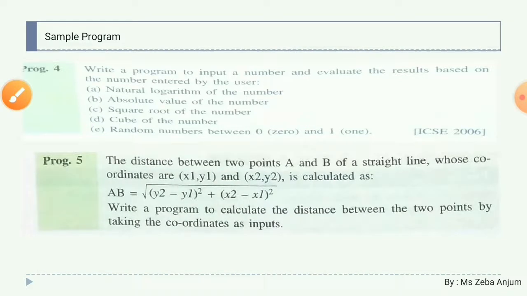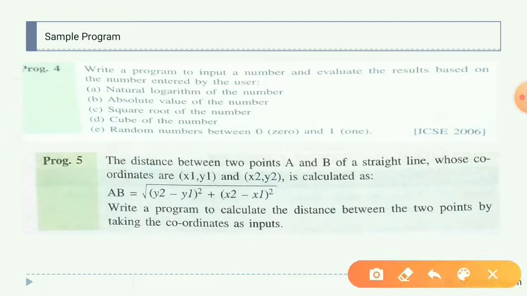The last sample program that is present in your book is the distance between 2 points A and B of a straight line whose coordinates are these and these. So you have been given a formula and you have to write a program to calculate the distance between 2 points by taking the coordinates as an input. So see over here, these coordinates you have to take as an input.